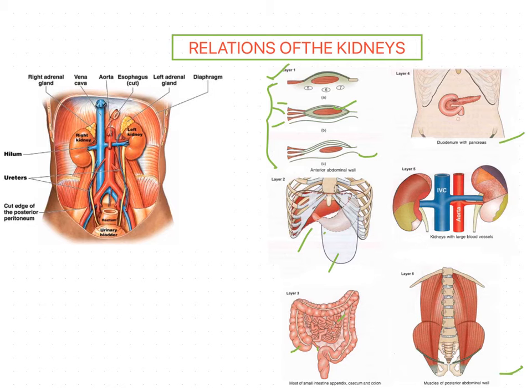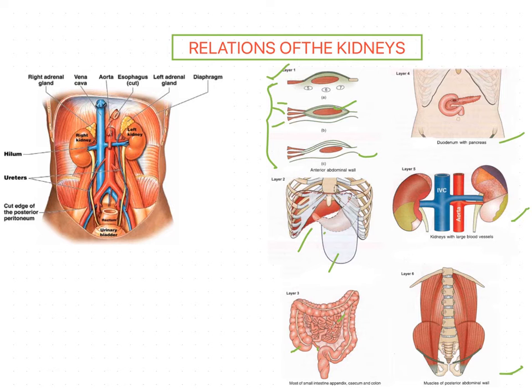Of course, these are arranged in different segments of the abdomen, and I have already explained the segments in the previous video. Then the 5th layer comprises the kidneys with the large blood vessels. That means the kidneys are located in the 5th layer.